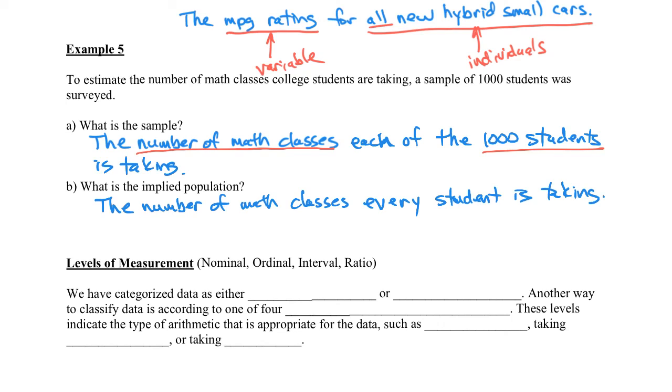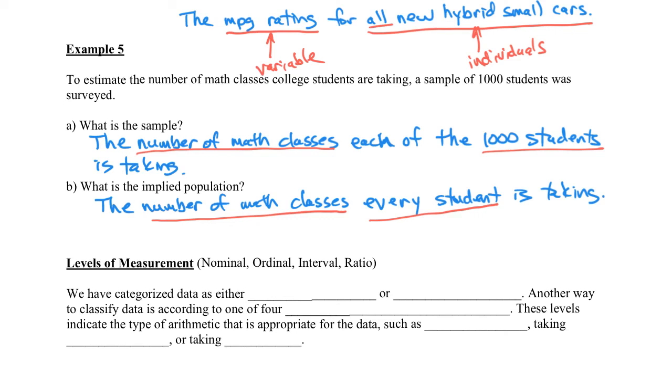We need the number of math classes, that's what we're measuring, but this time from every student, or all students. Again, you don't have to word it exactly like me. We just need to make sure you get both of those things, the variable and the individuals.